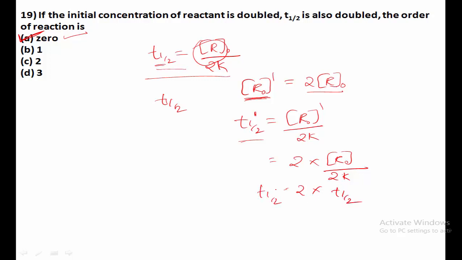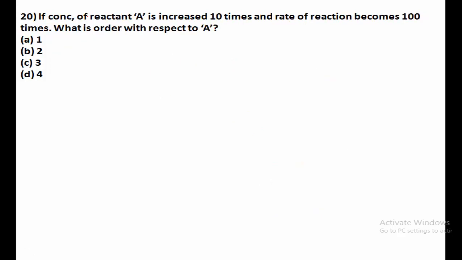Then T half dash is equal to 2 into T half. So when the initial concentration of the reactant is doubled, the half-life is also doubled. So option A, it can be observed for zero order reaction. So option A is the right one.